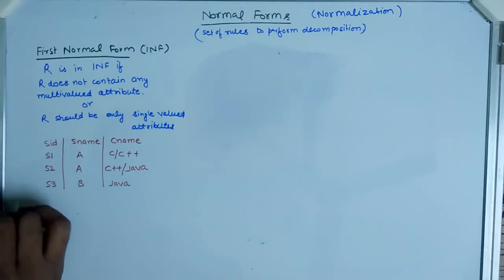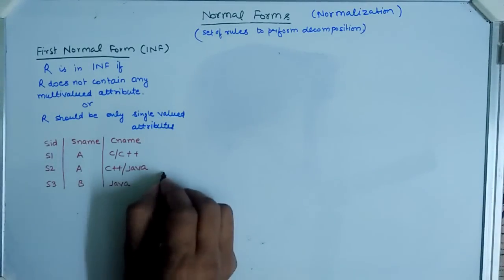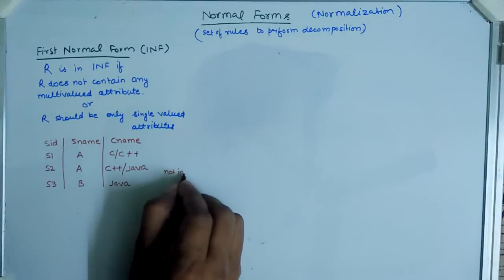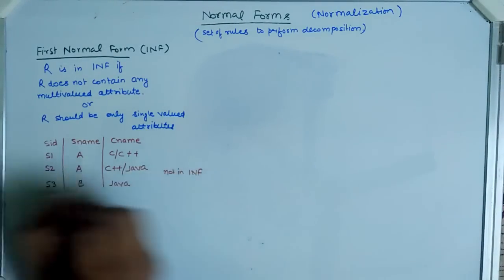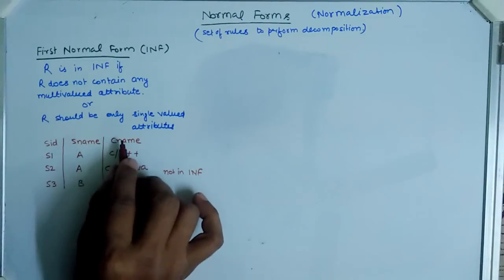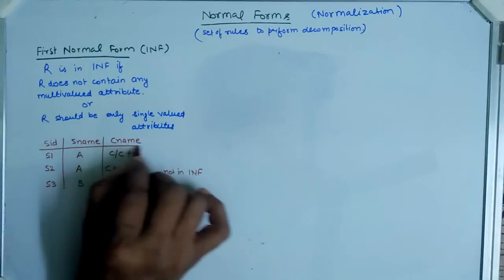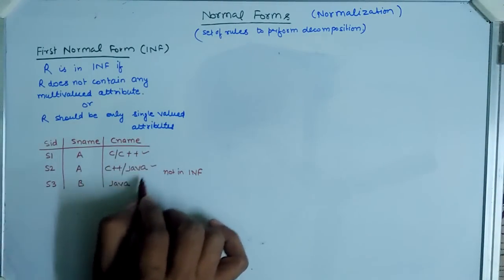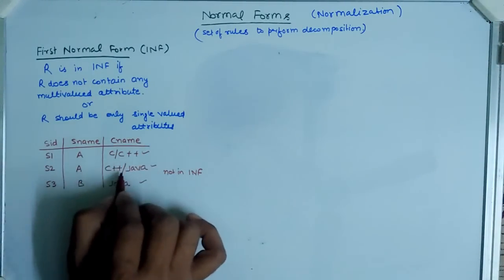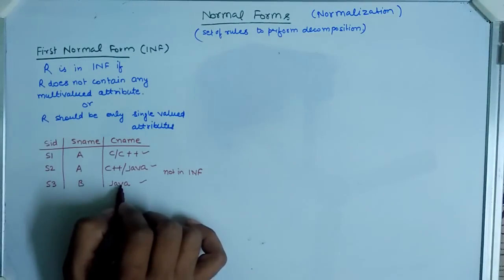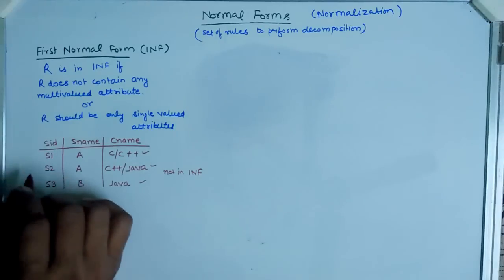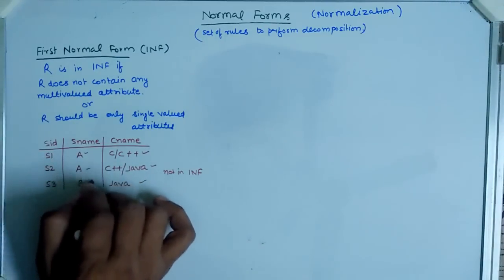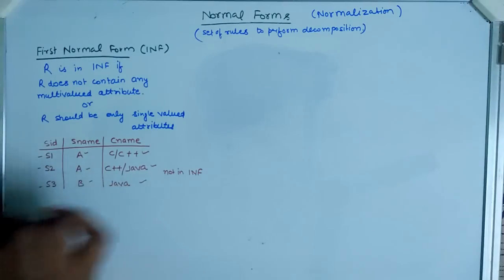So this relation is not in 1NF because one attribute in our relation, that is course name, contains multi-valued attributes. So these types of attributes are called multi-valued attributes. The single valued attributes are SID and SNAME.